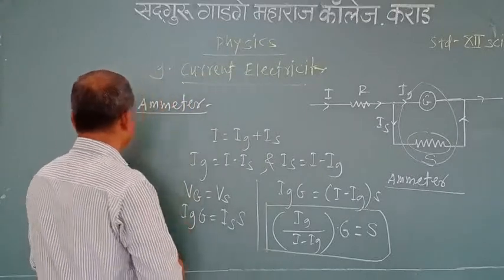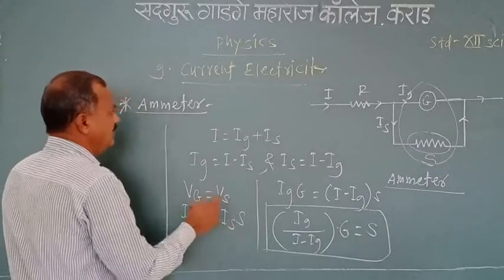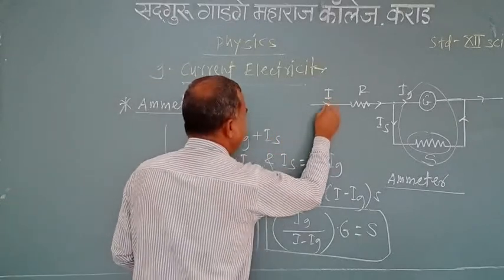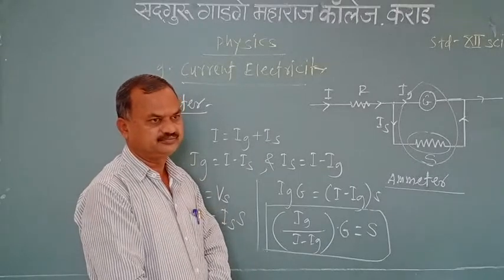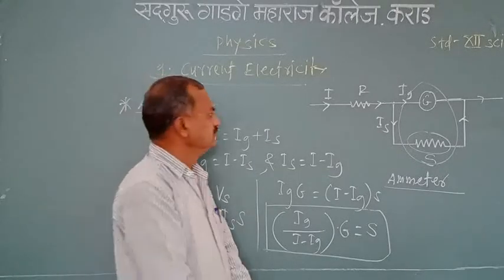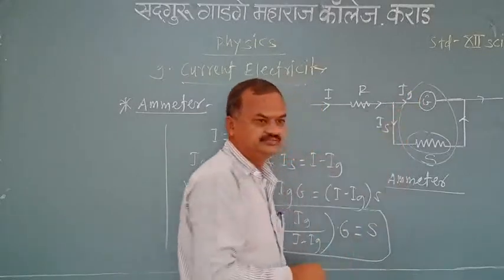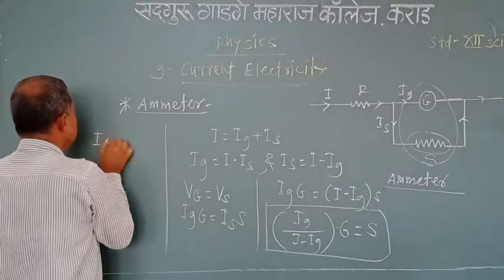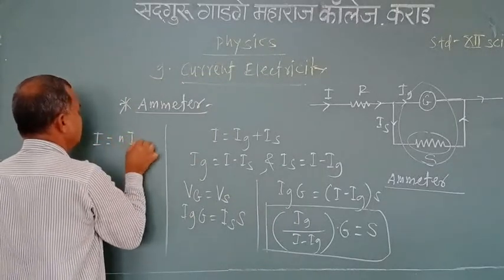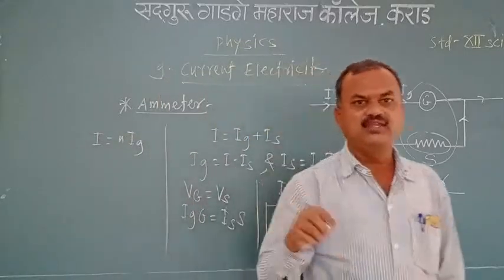Also, from this relation we can write something here. This current I, the total current flowing through the circuit, divides at this point into Ig and Is. Here total current I can be written like this: I is equal to N times Ig.